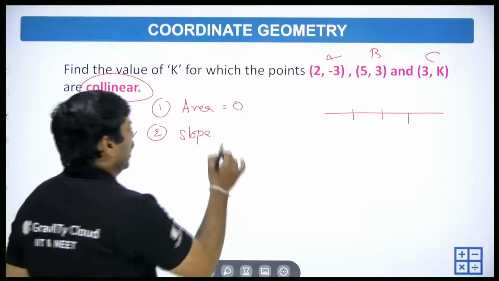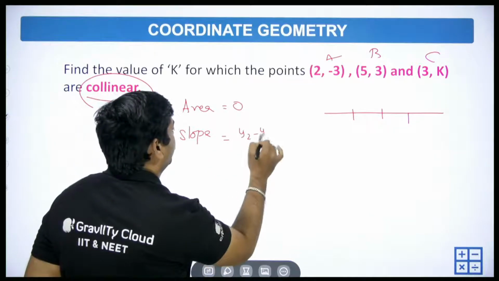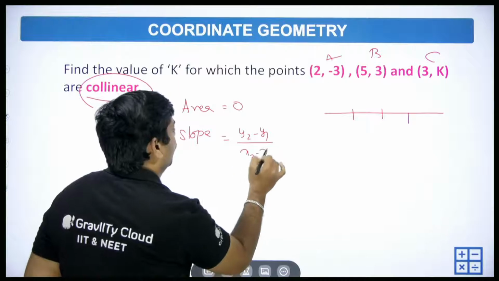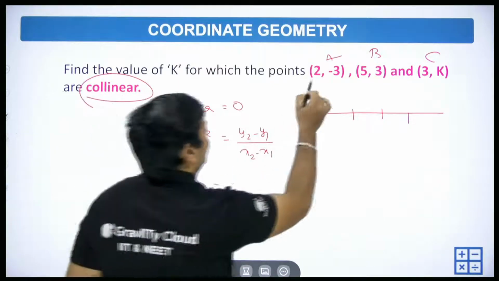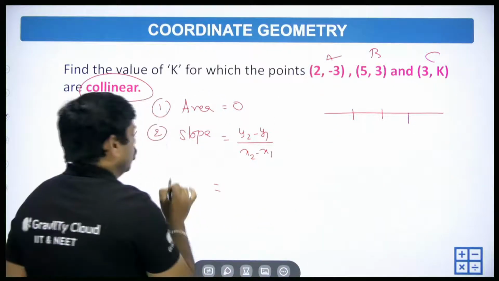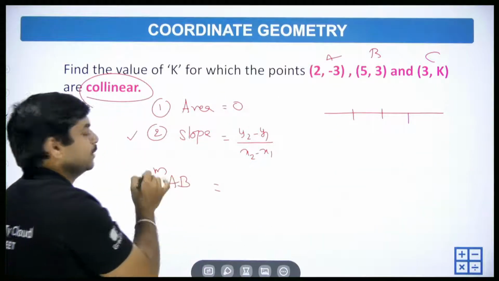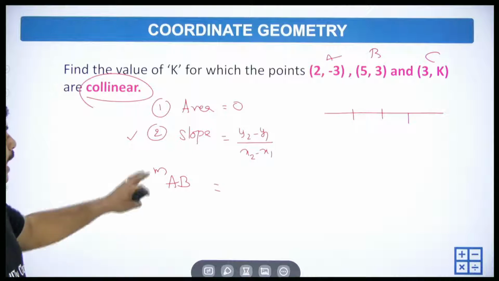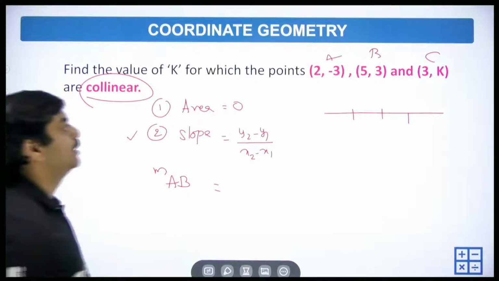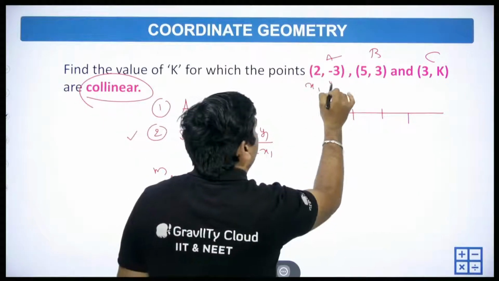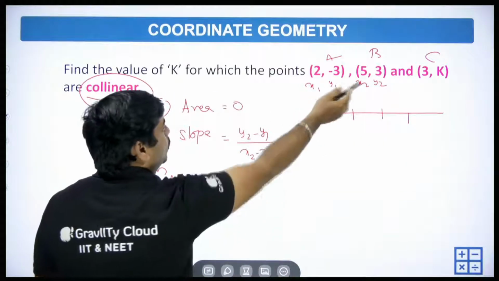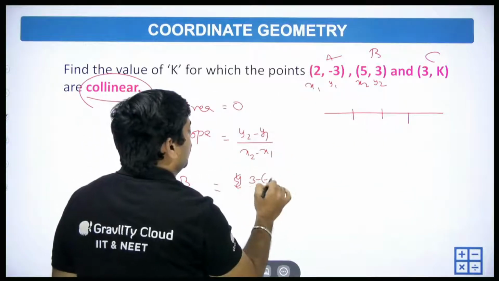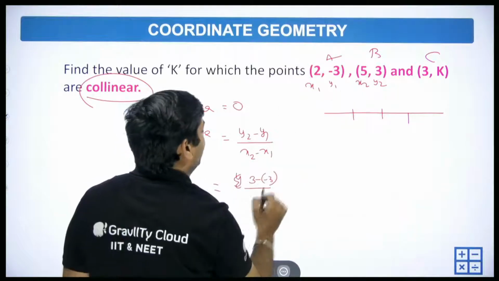So slope of 2 points is given as y2 minus y1 by x2 minus x1. The slope is represented with m. So slope of AB, with points (x1, y1) and (x2, y2): y2 minus y1, so 3 minus of minus 3, by x2 minus x1, 5 minus 2.